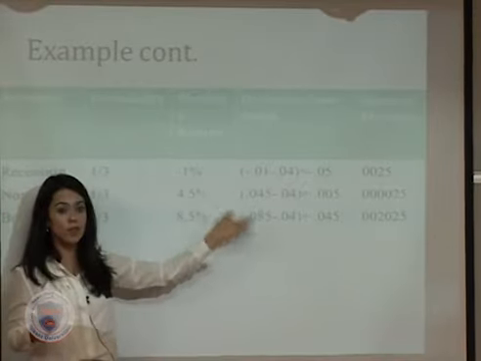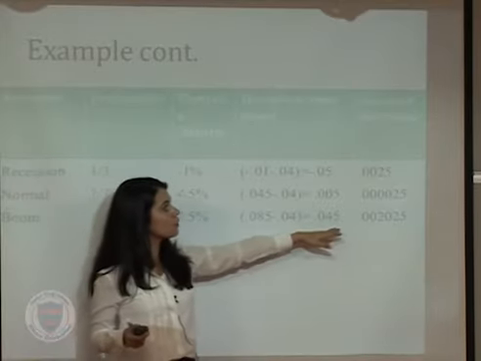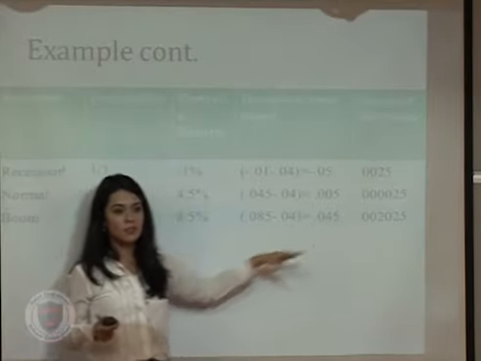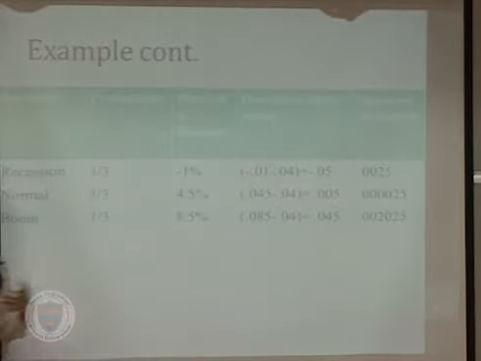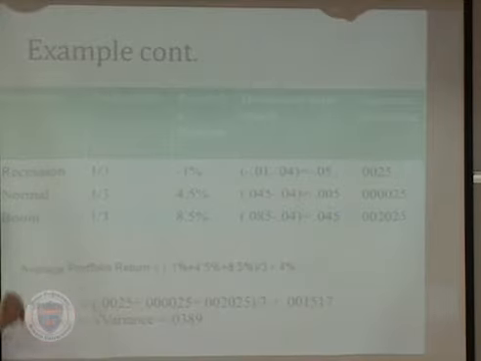Then we're taking the square of it. Once you have the squared deviations, you can add them up, divide them by 3, and take the square root of it. So the standard deviation will be around 4%.